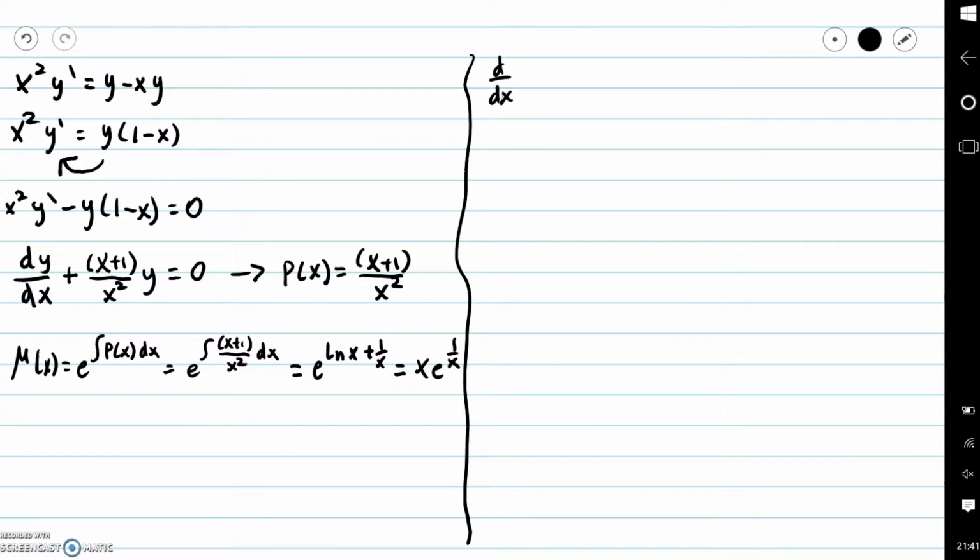By multiplying mu(x) on both sides, the function changes to the derivative of x e to the power of 1 over x times y equals 0.